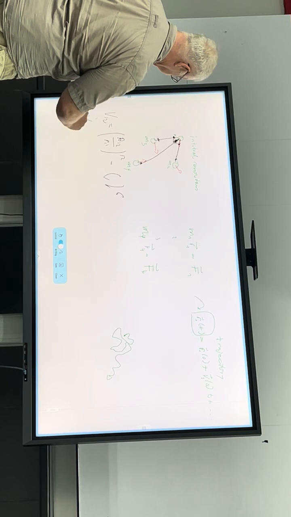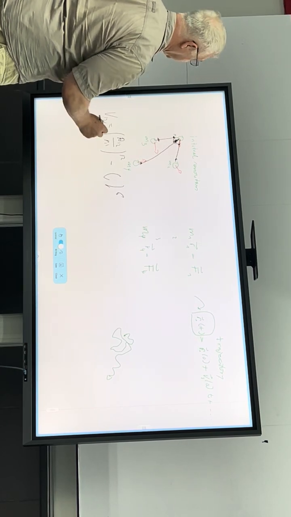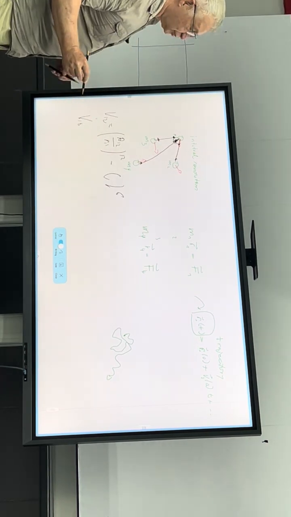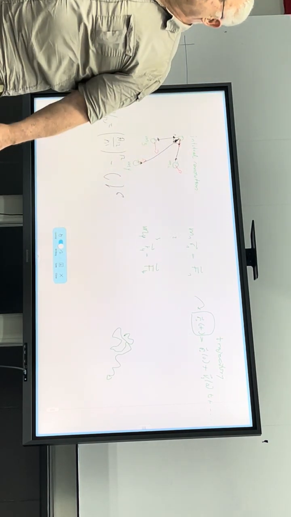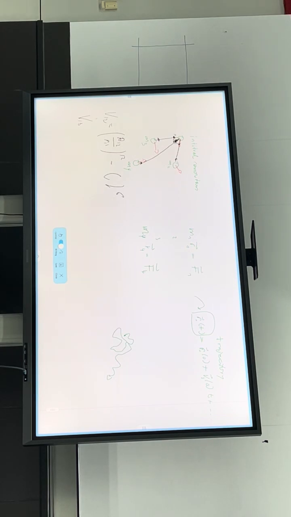And maybe I have a V13, and maybe it's different because particle 2 is a different particle from a different chemical species than particle 3. So I have this potential energy surface. How do I get the force from the potential energy surface?